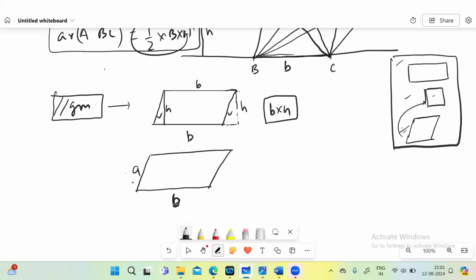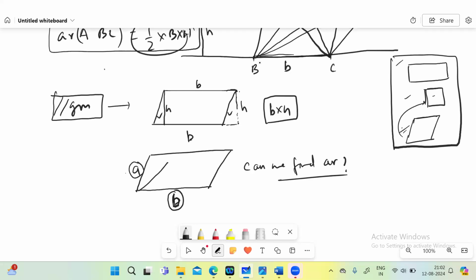Can we calculate the area of this parallelogram? No. Why? Because just with these two figures, we cannot fix a parallelogram. Let me give you an example.